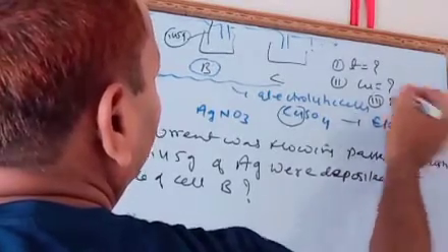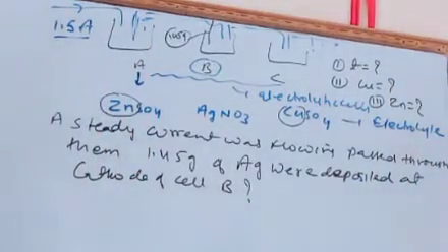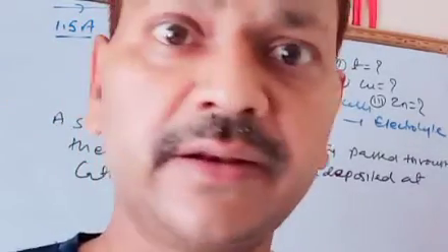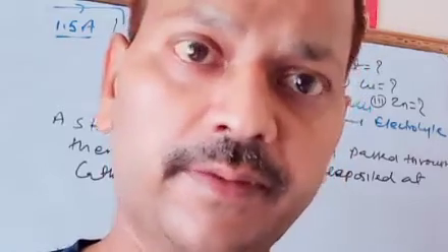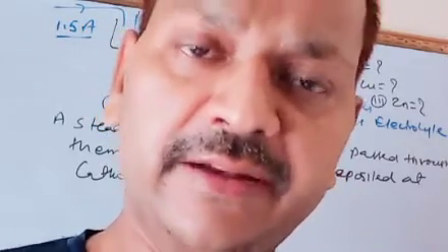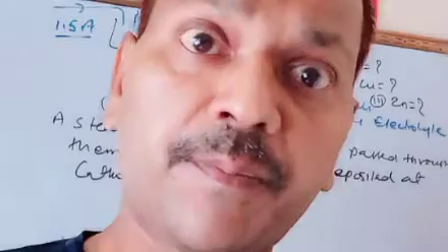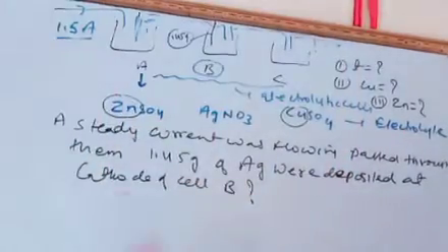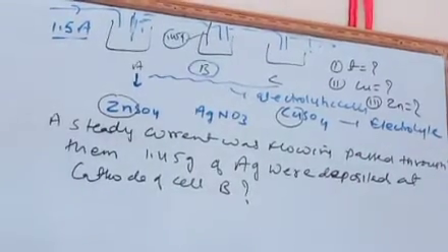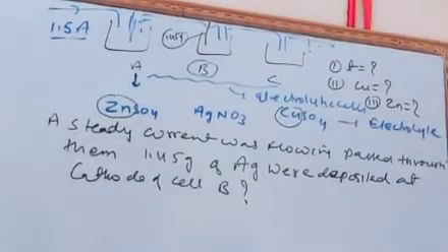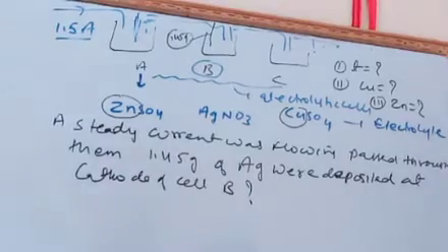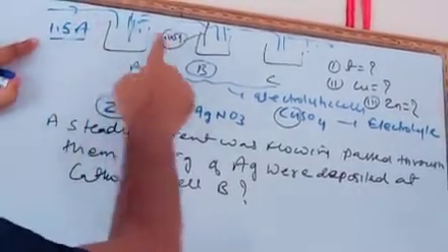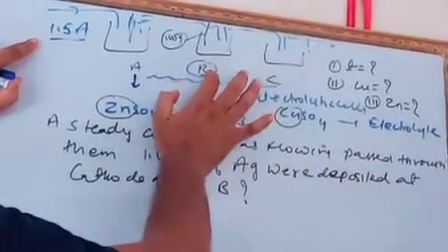So in this numerical we have to calculate how long the current flowed, and second, what mass of copper and zinc gets deposited. So this is the complete numerical. The first point is that this is a steady flow of current and the cells are connected in series.